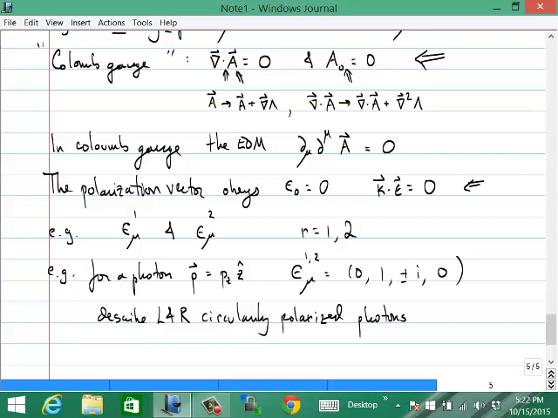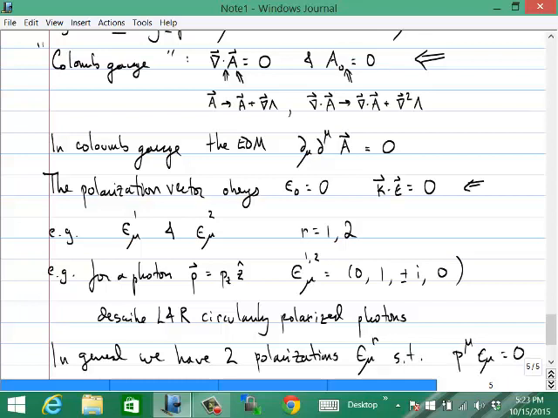But in general, the point is that we have two choices of polarizations which obey p contracted with epsilon equal to 0. And that actually turns out to be a general condition no matter what gauge you're in.